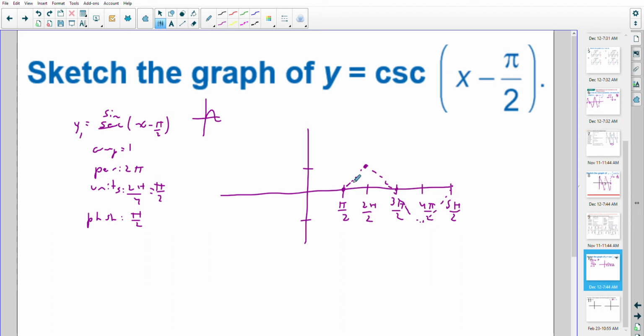And another thing to remember is where the sine is equal to 0, the cosecant is going to be undefined. So that means that that is going to be an asymptote, as well as that, and at 5 pi over 2. Now, these points are the shared points because they're equal to 1 and negative 1. The reciprocals are exactly the same.